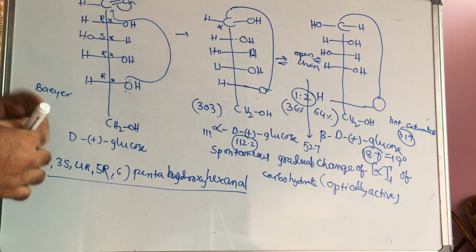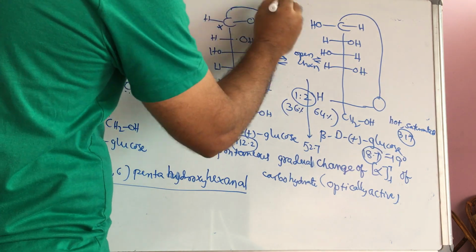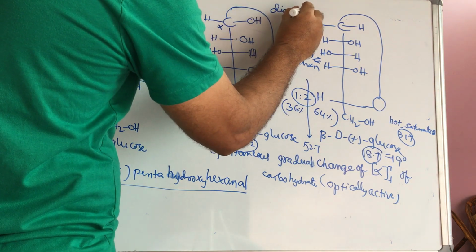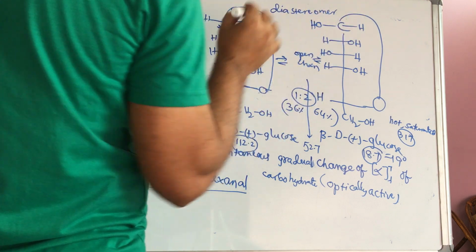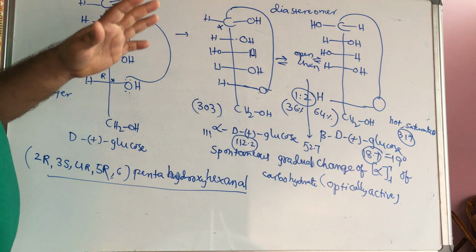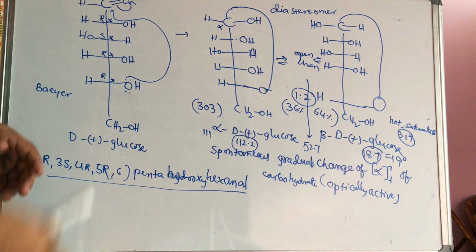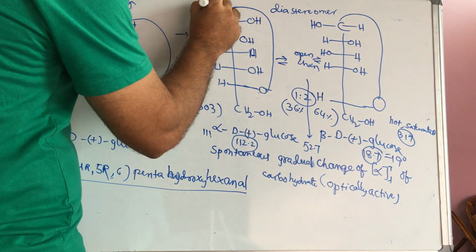These are not enantiomers. These are diastereomers. Very, very important concept. Alpha and beta D-glucose are diastereomers, not enantiomers. And this carbon is known as the anomeric carbon.